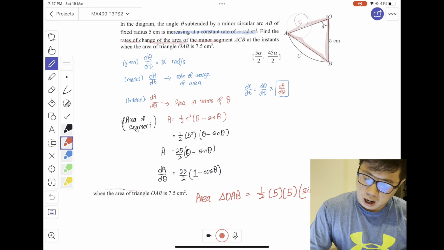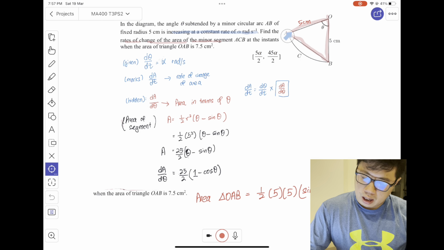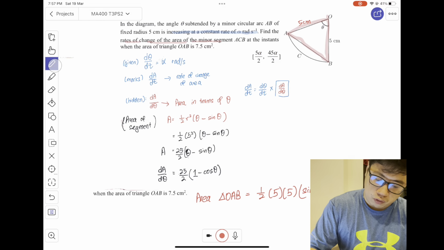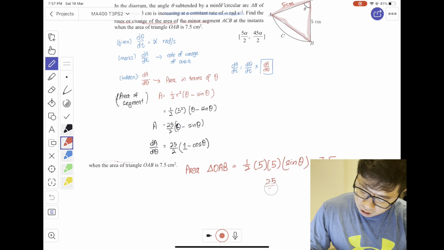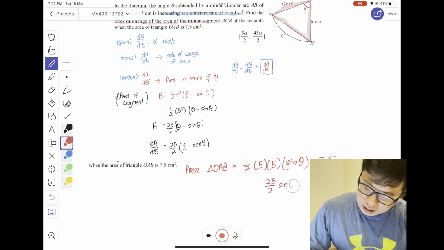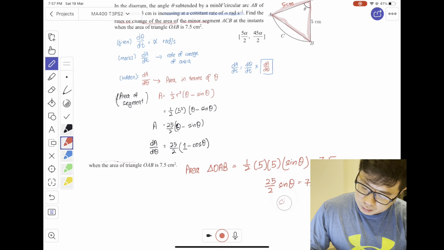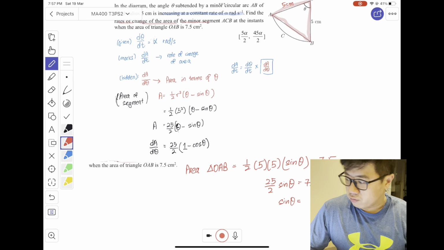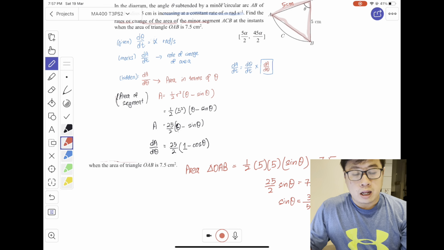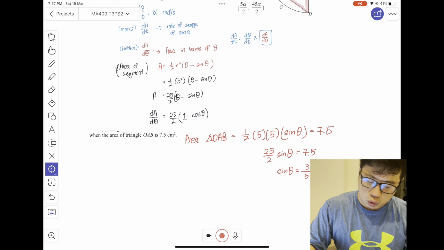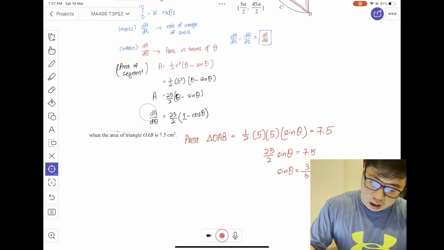So 5 squared is 25, over 2, sine theta equals 7.5. This gives sine theta equals 7.5 over 25 over 2, which is simply 3 over 5.